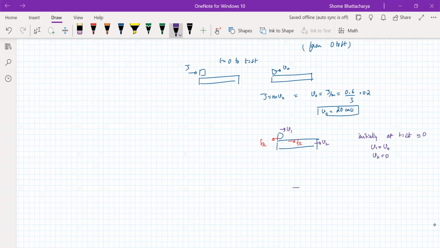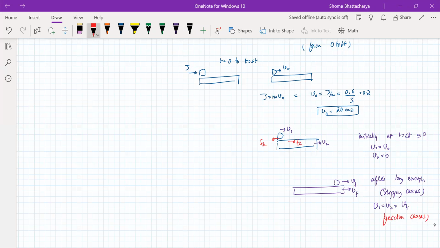After a sufficiently long time, they have a common velocity. That is when slipping stops. When slipping ceases to exist, V1 becomes equal to V2 becomes equal to Vf, and that's when friction stops acting. So they are going at a common velocity.